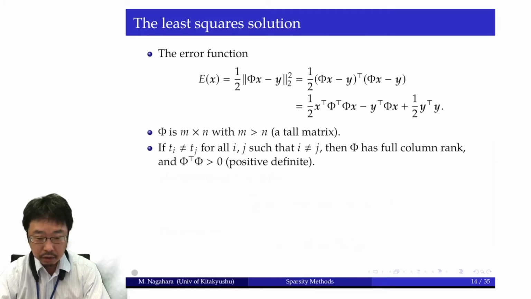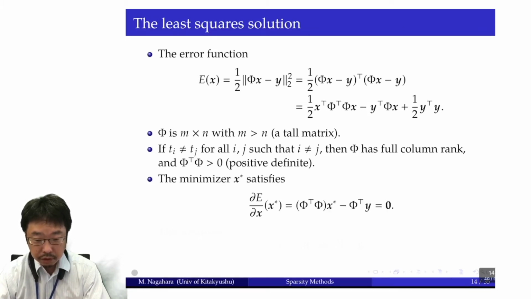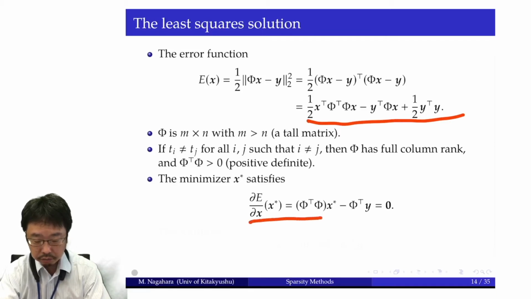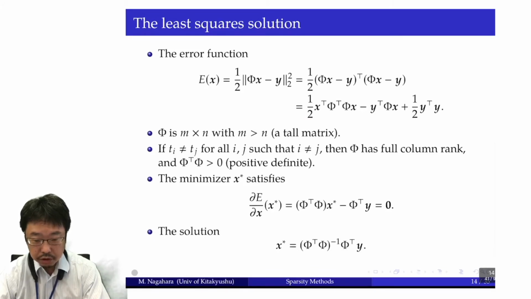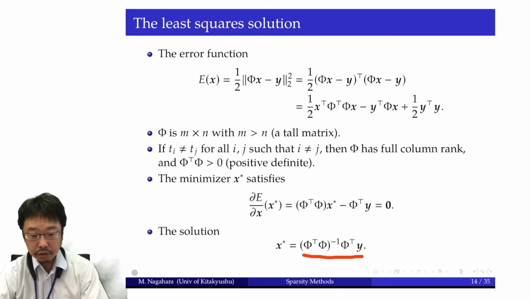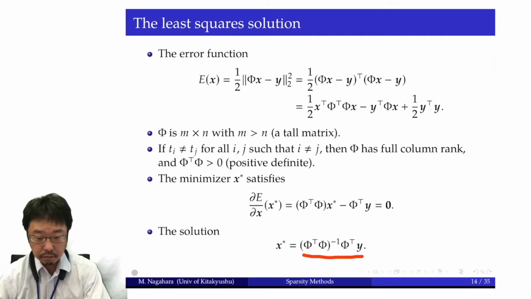That is, phi transpose phi is invertible. From the quadratic function given by this, the minimizer of e(x) satisfies this equation. So the solution is given by the inverse of phi transpose phi, times phi transpose y. This is the least squares solution.